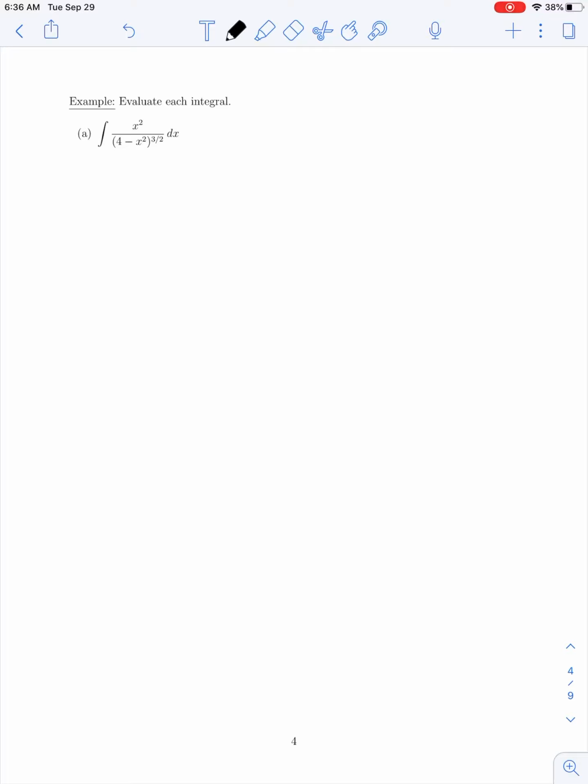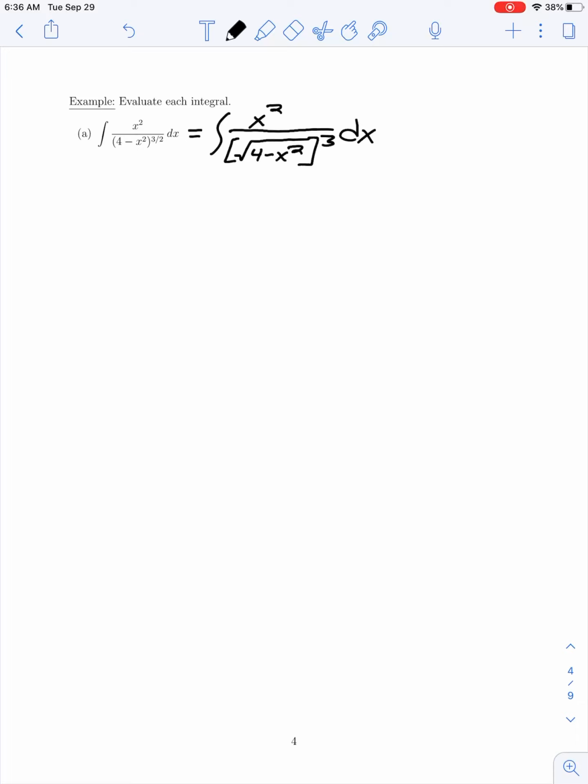But if I think about the denominator of this integrand, 4 minus x squared to the 3 halves, well, we've seen that the 3 halves power of an expression is really the same as the square root of that expression cubed. So here our denominator, 4 minus x squared to the 3 halves, is the same as the square root of 4 minus x squared, quantity cubed.